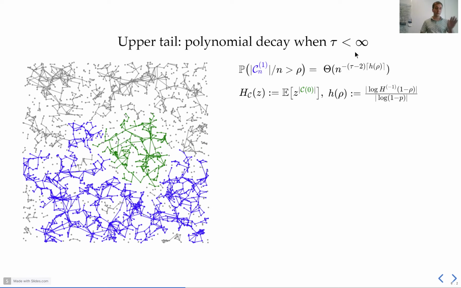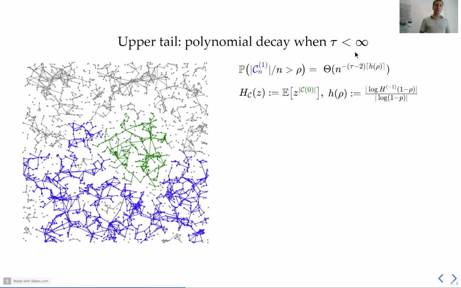So we define a different function, capital H_C, which is the generating function of the cluster containing the origin. So really the green cluster here in the picture. And now h of rho is the absolute value of the log of the inverse of the generating function evaluated at 1 minus rho, divided by the absolute value of log 1 minus p.